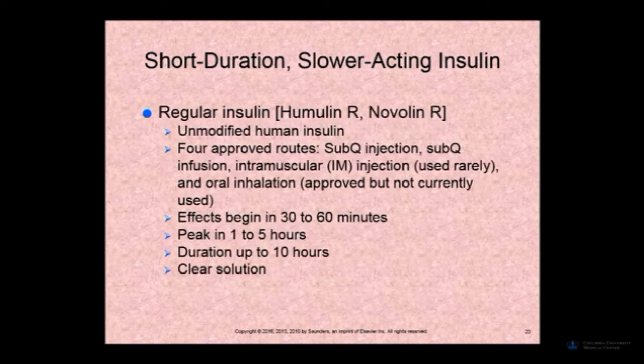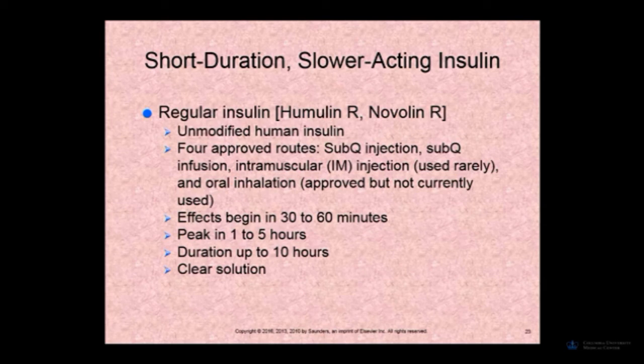Regular insulin is unmodified human insulin. It's approved for sub-Q injection, sub-Q infusion through a pump, and intramuscular injection, but that's really a fairly rare route of administration. There's even an inhaled form of regular insulin, but that's actually not approved currently for use.